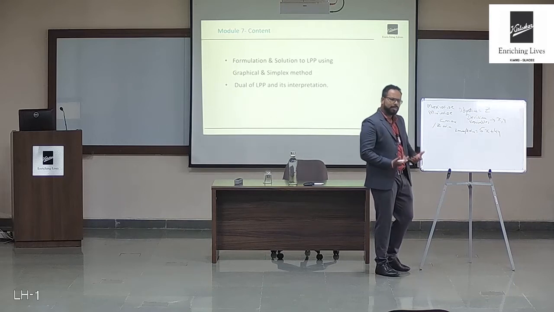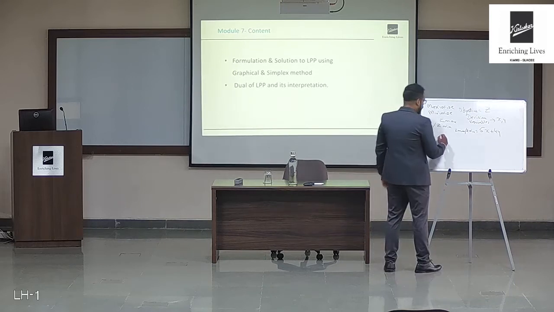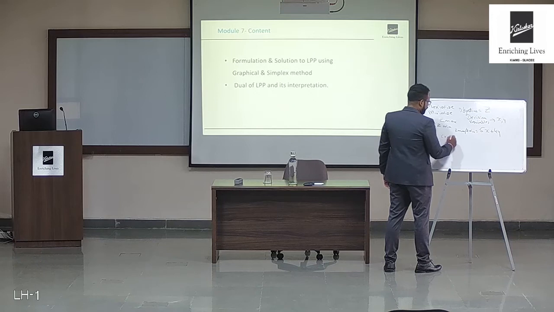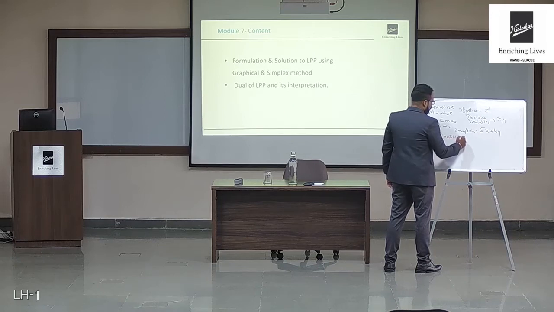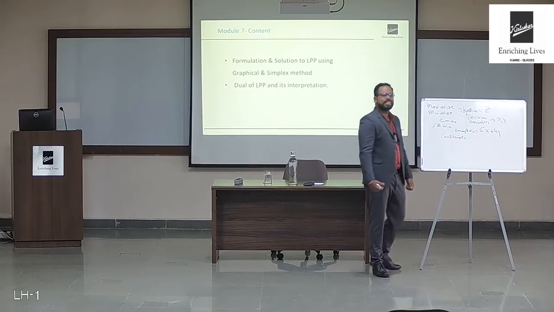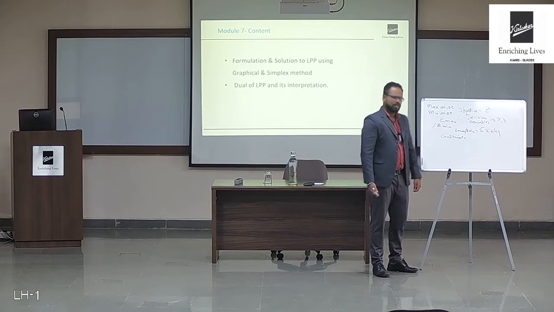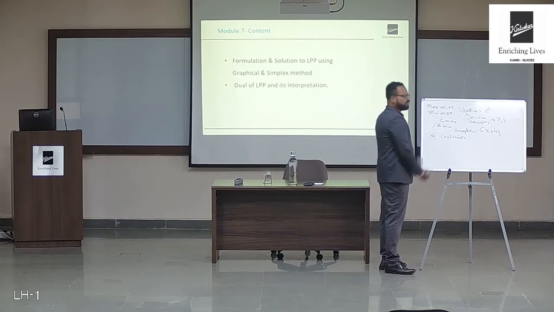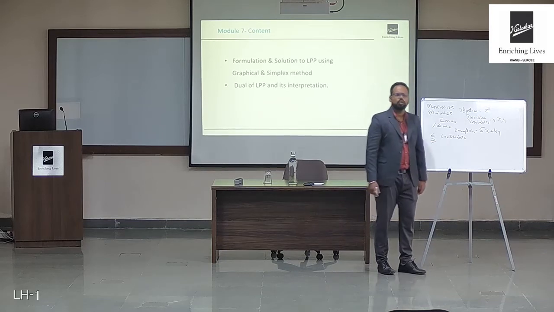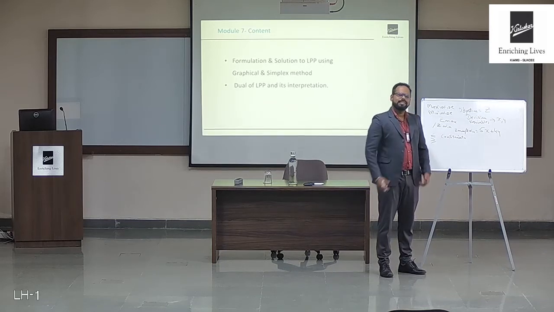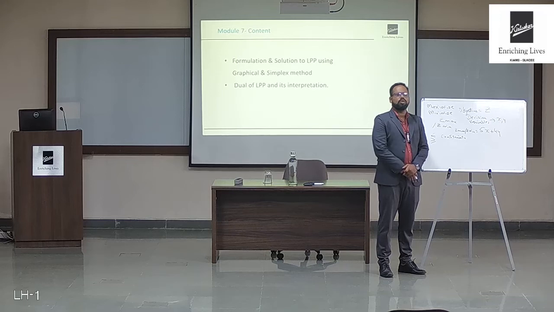But there will be some limitations. These limitations are called constraints. The constraints are always given by symbols like the less than or equal to symbol or the greater than or equal to symbol, and so on. These constraints are the limitations for your manufacturing process or the system for which you're trying to maximize the objective function.